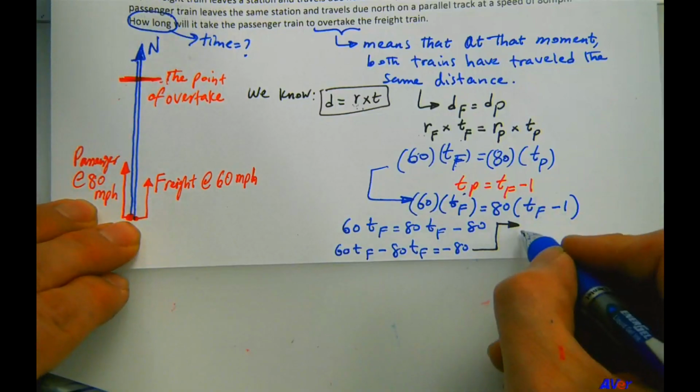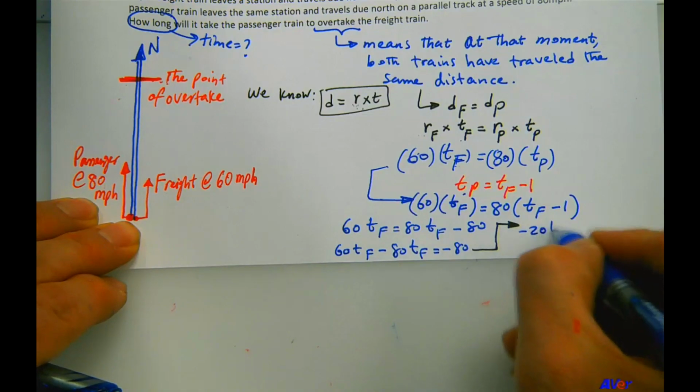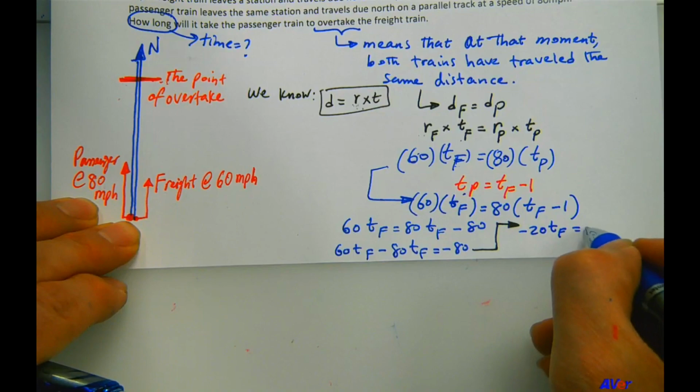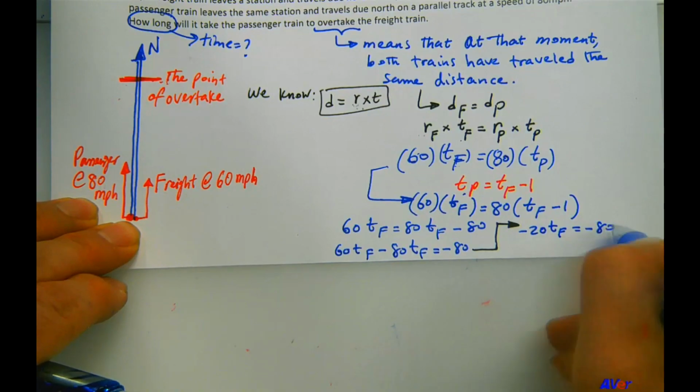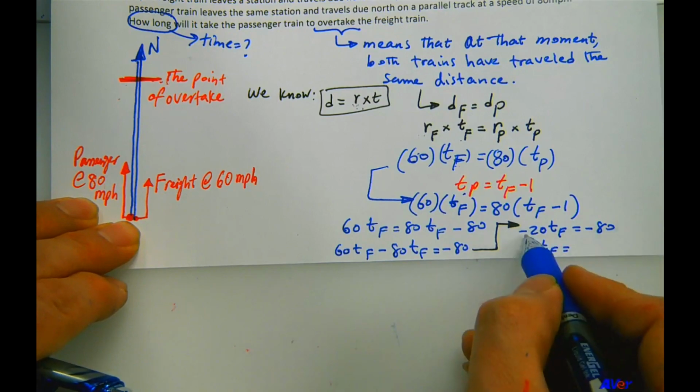So then we have, that's minus 20 times TF equals minus 80. So TF is equal to minus 80 divided by minus 20, right?